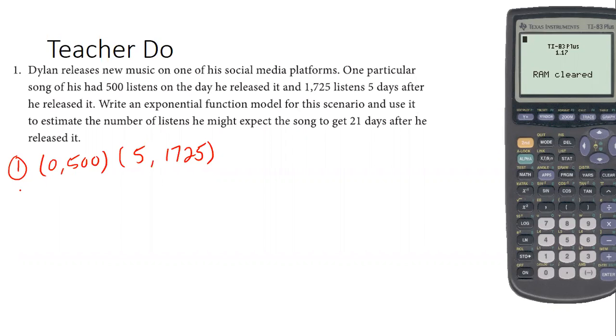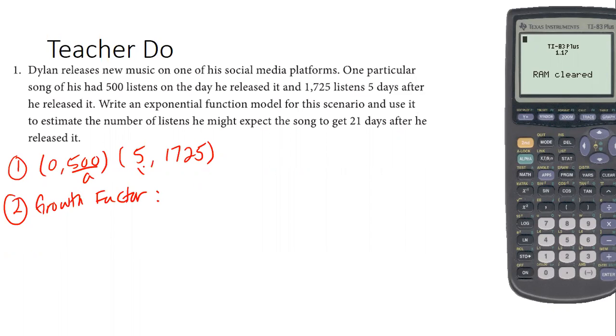Okay. Step 2 is we're going to find our growth factor. In order to find the growth factor, you have to identify your A, which is easy enough, right? It's our initial amount.